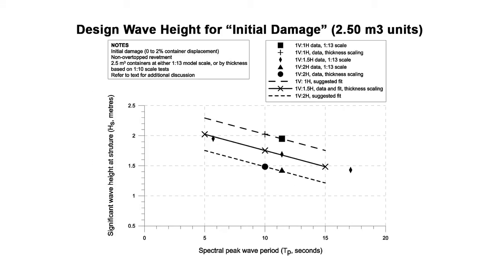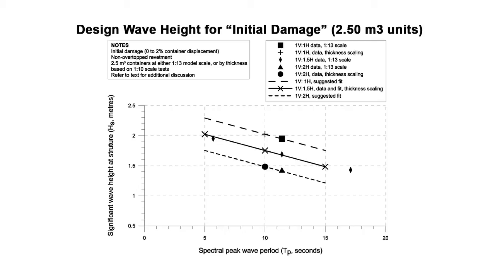So this is a repeat of the earlier design curves I showed, but for different structure slopes. So again, our wave periods along the bottom, 5 seconds out to 15 seconds. This is the wave height that can hit the structure before the units will be dislodged. The one in the middle is the standard recommended 1 to 1.5 slope, the diamonds here. And for 10-second waves, it's about a 1.3 metre wave can hit the structure.